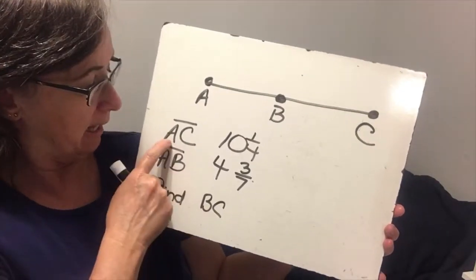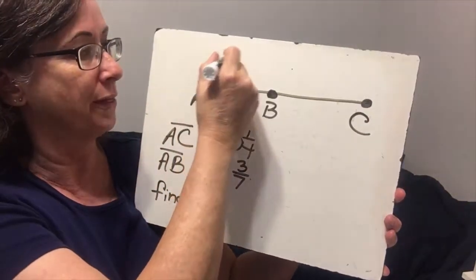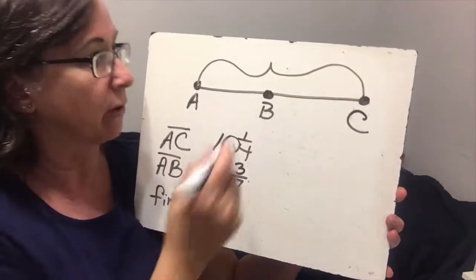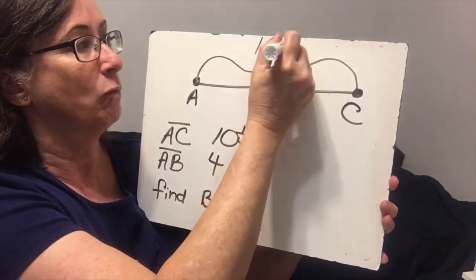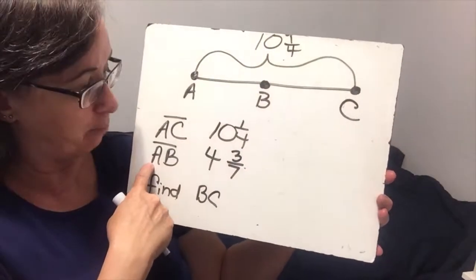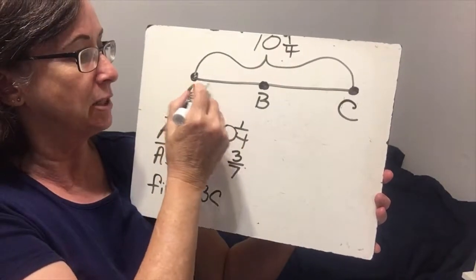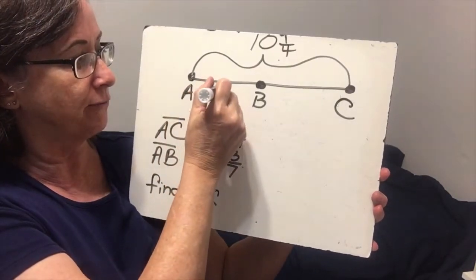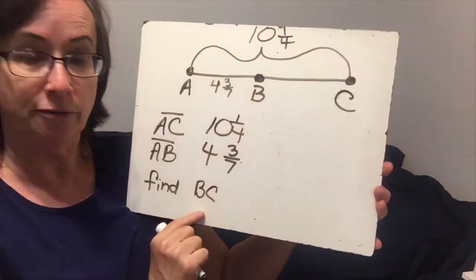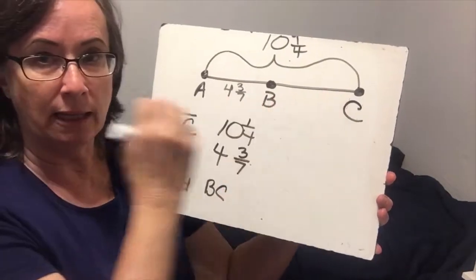So it says line segment AC, which is the whole thing here, is 10 1/4. And line segment AB is 4 3/7. So this little part right in here is 4 3/7. And we are told to find the line segment length BC.